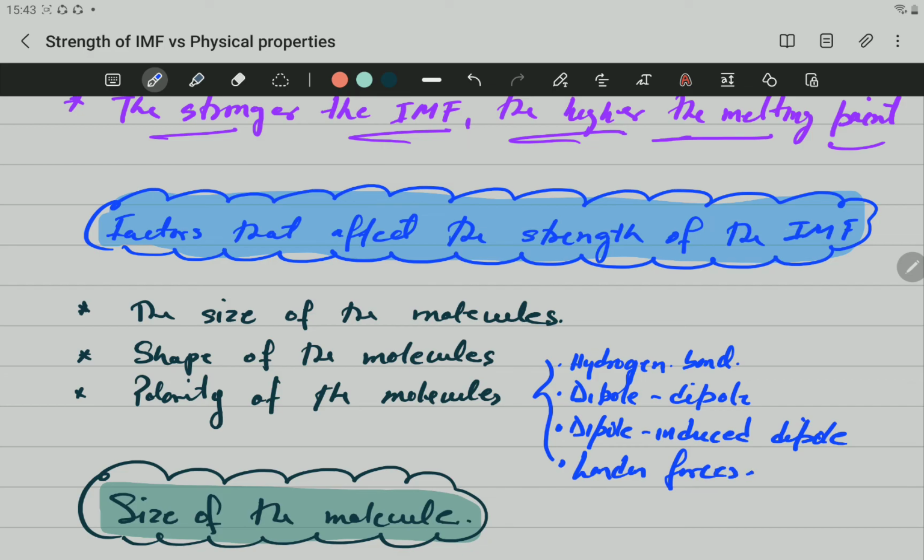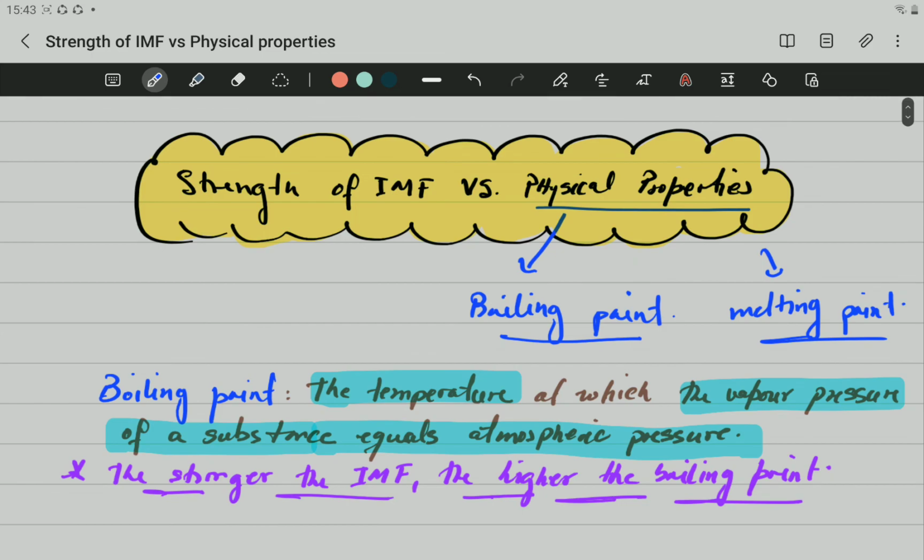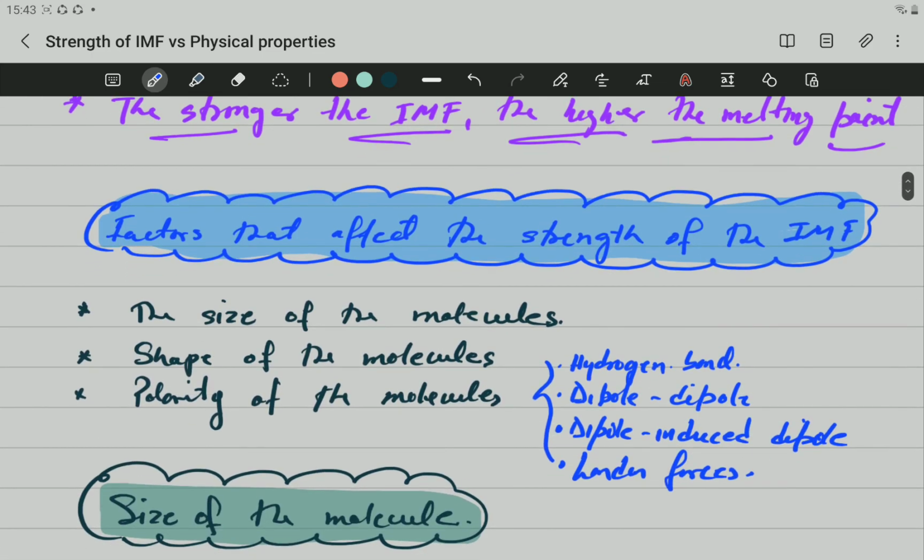So that is everything related to the relationship of the strength of the intermolecular force and physical property.